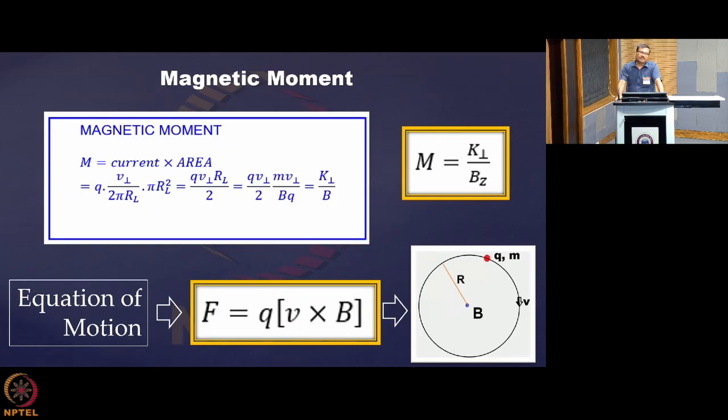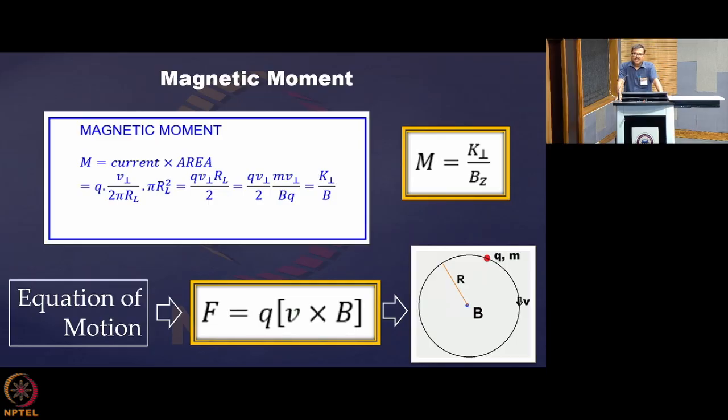Now, we'll define one important thing, that is magnetic moment. It's very important to know this at this point, because we'll use this expression later on to understand many other aspects of charged particles under a given magnetic and electric field configuration. So, the magnetic moment is defined as the current into area.